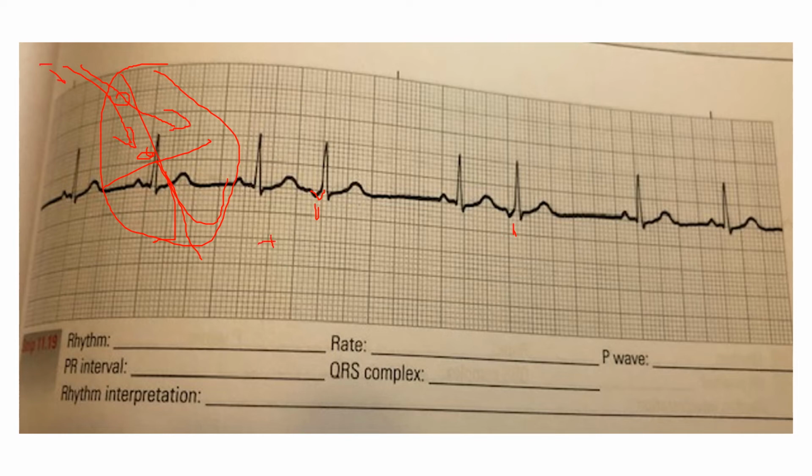So if you have a conduction starting at the bottom of the atrium and going in the opposite direction, it's going to look opposite on your EKG. So you have an inverted P wave. So this is normal sinus rhythm with 2 PJCs.